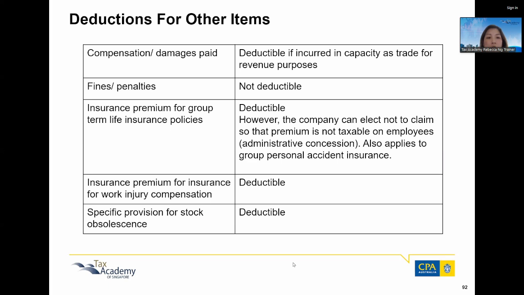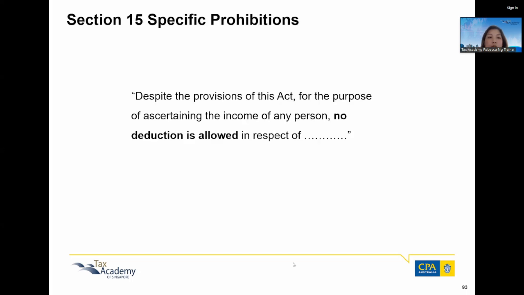Okay, so provision, if let's say provision is specific provision, that means versus the general provision. Specific provision is deductible, but general is not. Okay, general we have to add back the amount. Okay, so just now we talked about section 14 only.